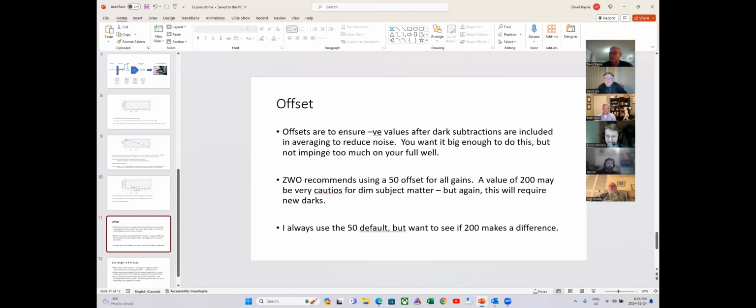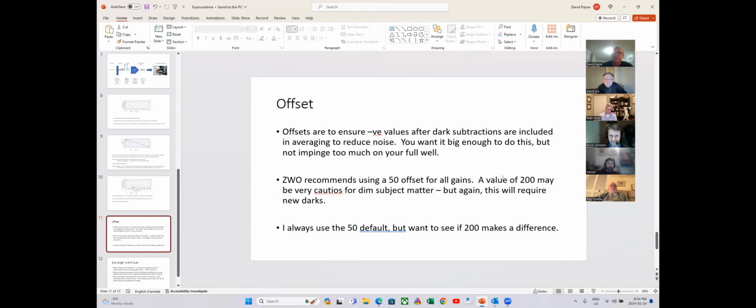If you want to be super cautious in your dark stuff, particularly if you're going after something really, really dark, or IFN or something very faint in your pictures, you might want to use 200. I actually never have. I've just stuck with the 50, and I really haven't seen anything bad about it. But one day I'm going to investigate this.